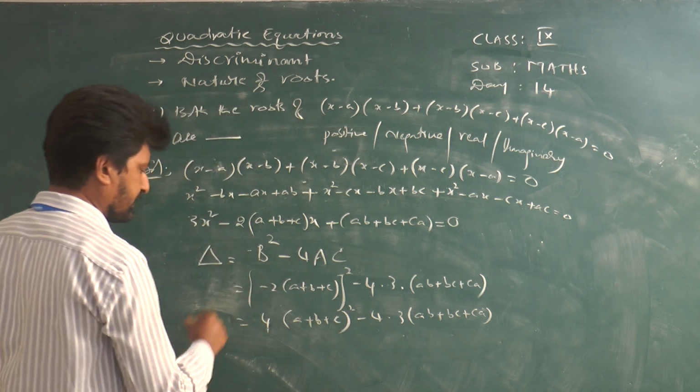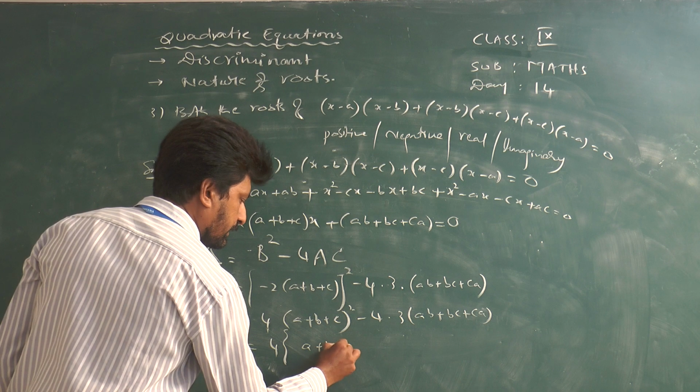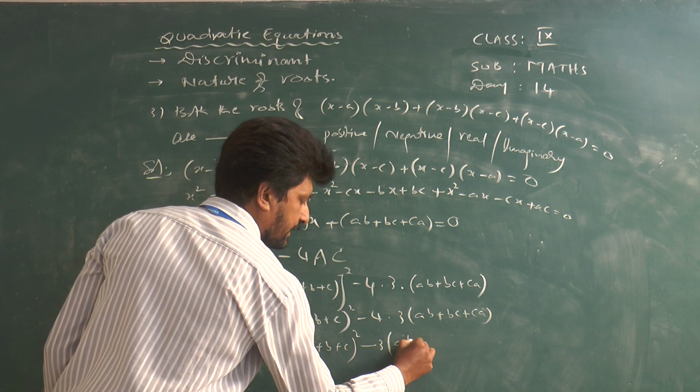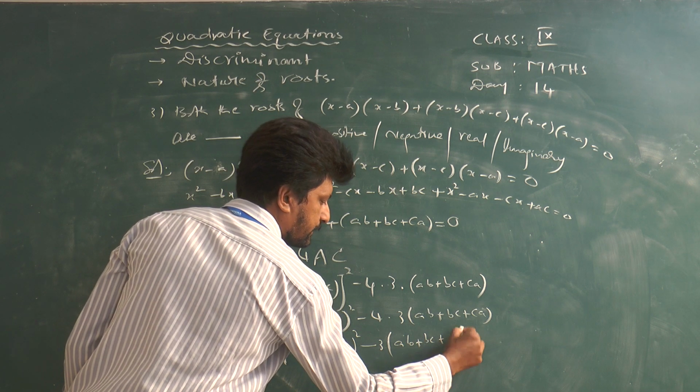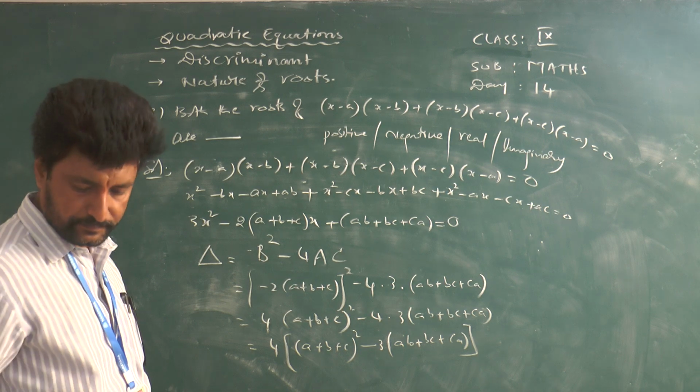In both of them 4 we can take out. 4 into (a plus b plus c) whole square minus 3 into (ab plus bc plus ca). Okay, inside simplify.